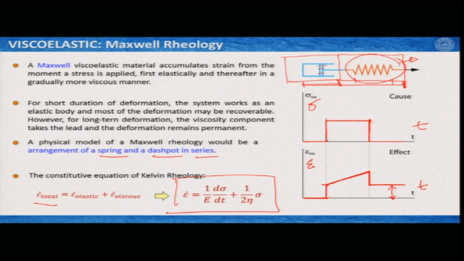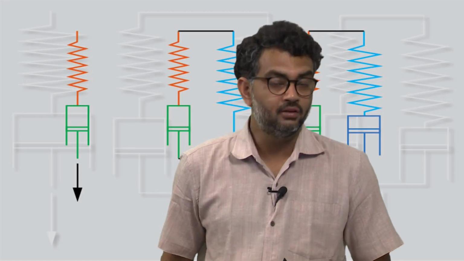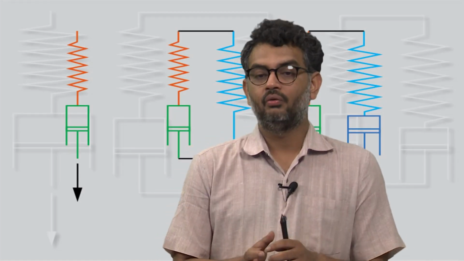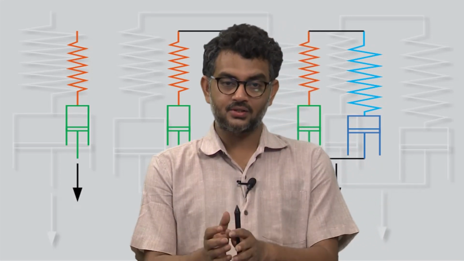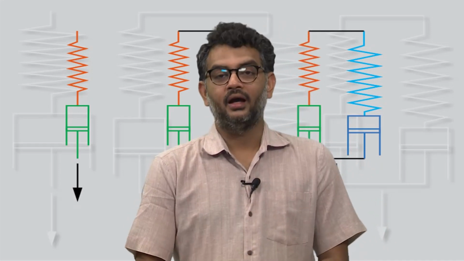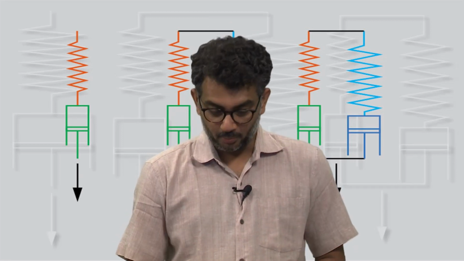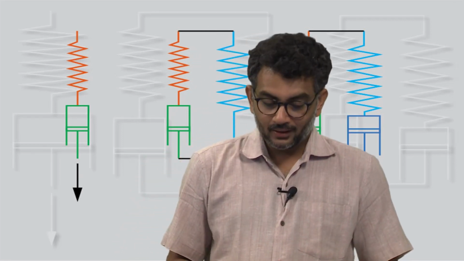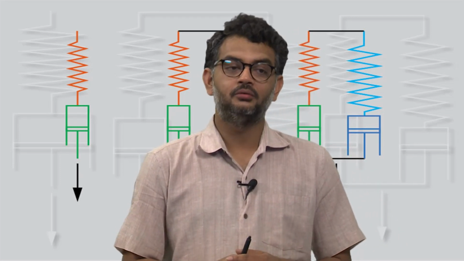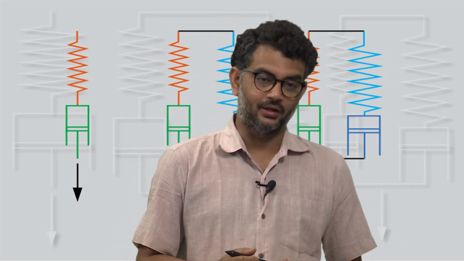So this is viscoelastic rheology, and we learned that we have Maxwell rheology and we have Kelvin rheology. Maxwell rheology, when we add viscosity and elasticity in series, and Kelvin rheology when you add viscosity and elasticity in parallel. Let us talk about another one, which is elastoplastic rheology.